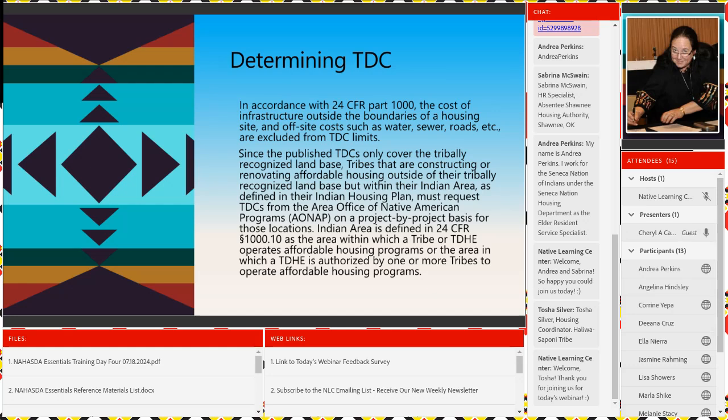Your Indian area is defined in 24 CFR 1010 as the area within which a tribe or a TDHE operates affordable housing programs, or the area in which a TDHE is authorized by one or more tribes to operate affordable housing programs.